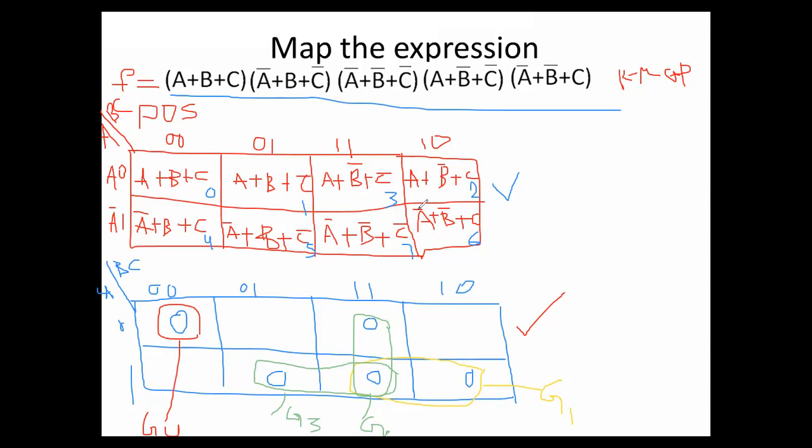That's why here, F is equal to C1, C2. If the problem is given, simplify this by using K-map, then we are doing this.